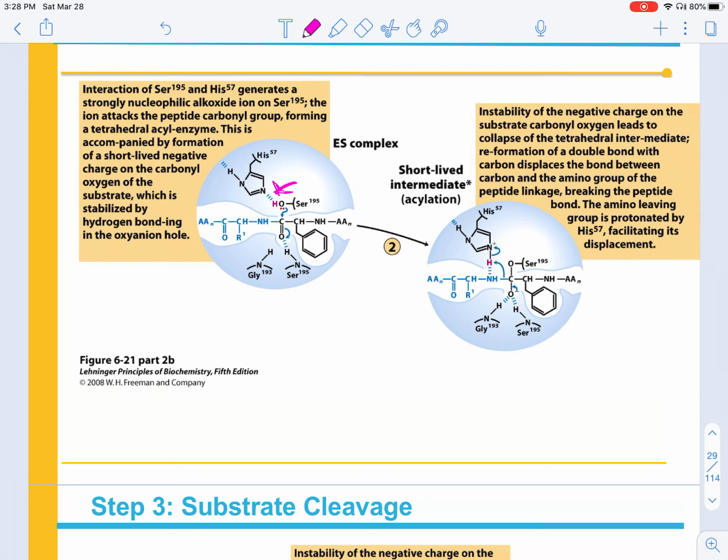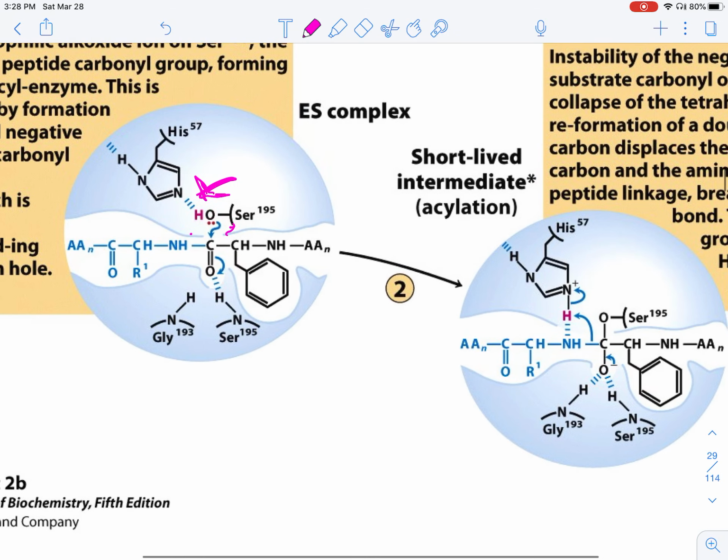And so what happens here? The hydrogen gets withdrawn from this oxygen to the imidazole group of the histidine. The oxygen comes in. Let me just blow this up. The oxygen comes in and attacks the carbonyl carbon of the peptide bond. You can see NHCO.